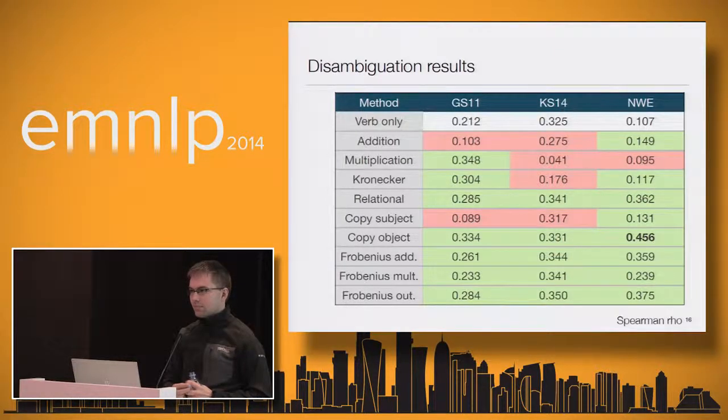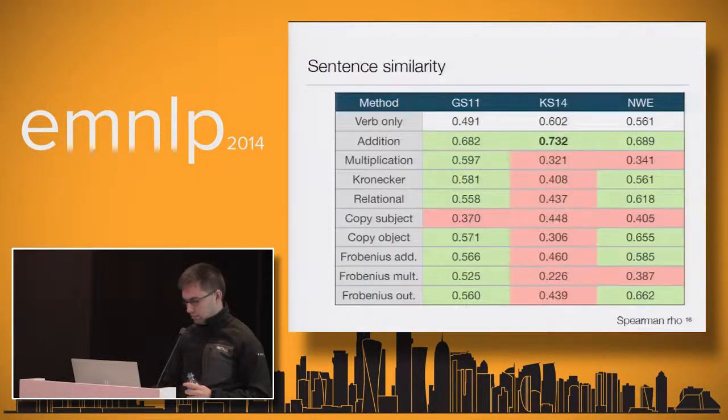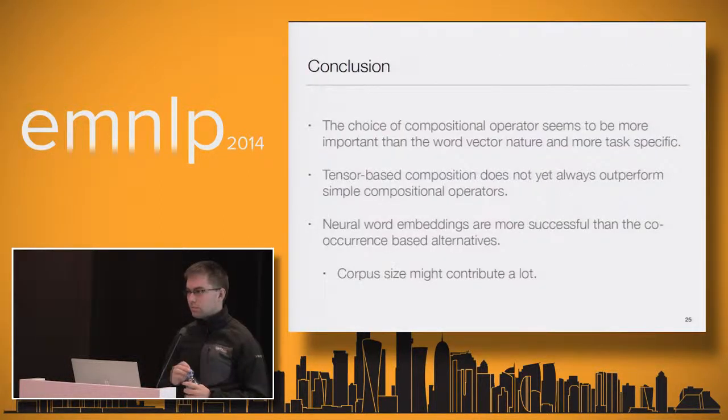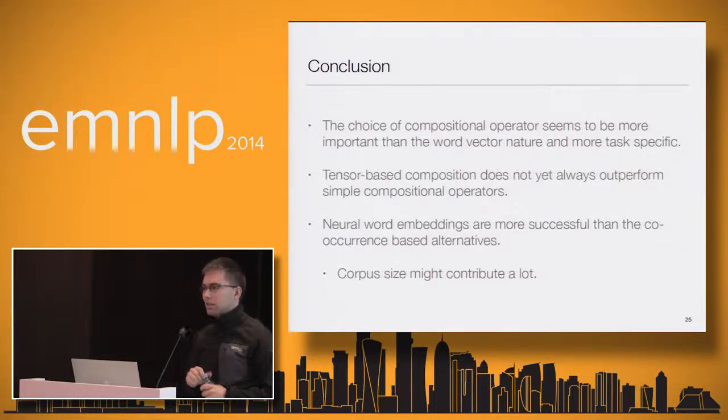Just to clarify, if you go to your conclusions slide, in the second point, when you say tensor-based composition does not yet always outperform simple composition operators, you mean in large-scale tasks, like dialogue act tagging and paraphrasing? Yeah, there, but also for our sentence similarities. And why so? Because there are many decisions still to be made.